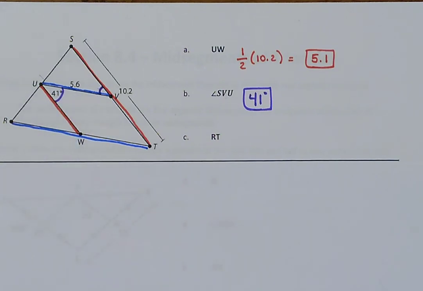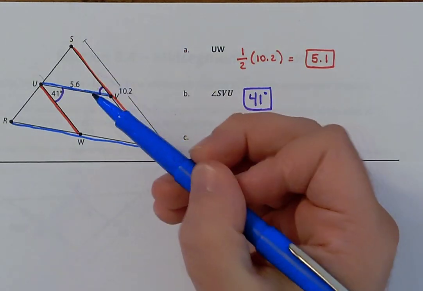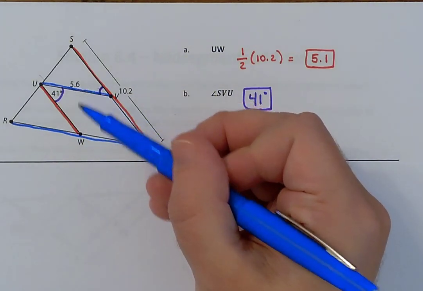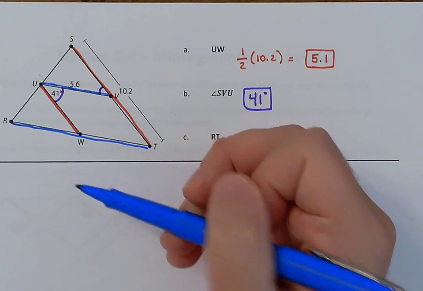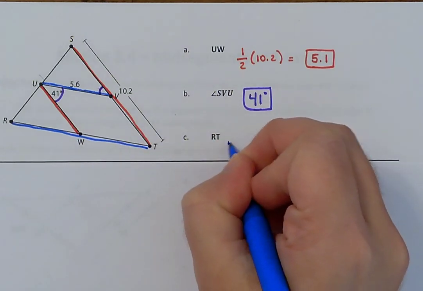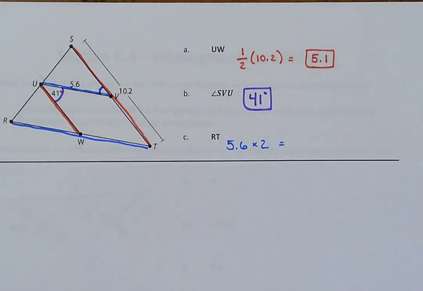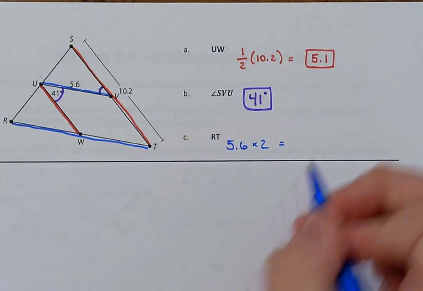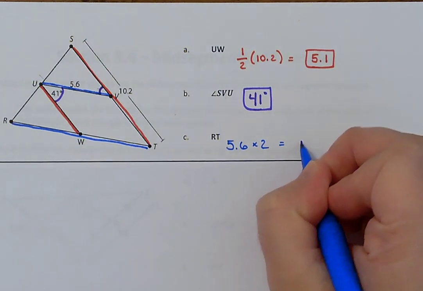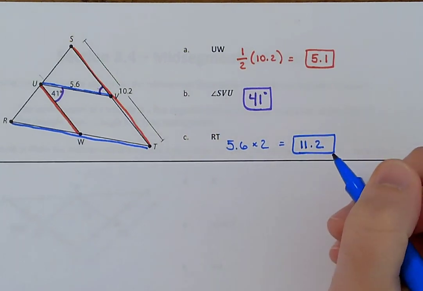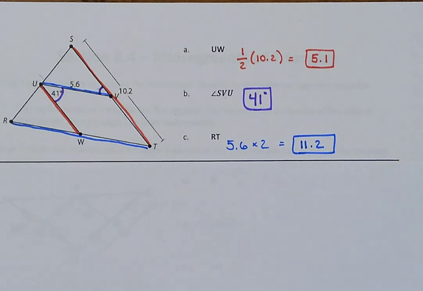Like I talked about on the front side with example 2, part A, if I'm going from smaller to bigger, I'm going to multiply this smaller number by 2 to figure out my larger segment. So we take 5.6 and multiply it by 2 to figure out the length of RT. 5.6 times 2 is 11.2. So the length of RT is 11.2.